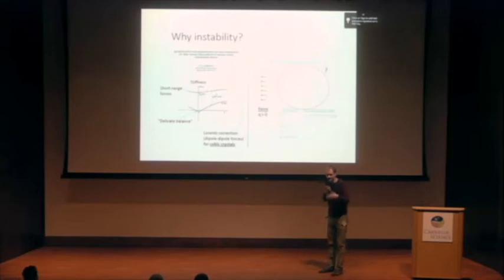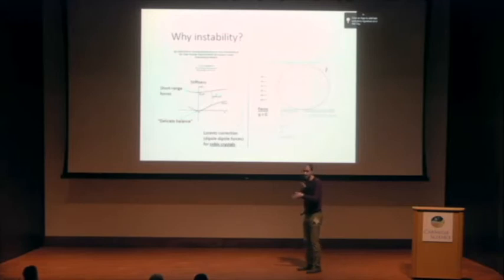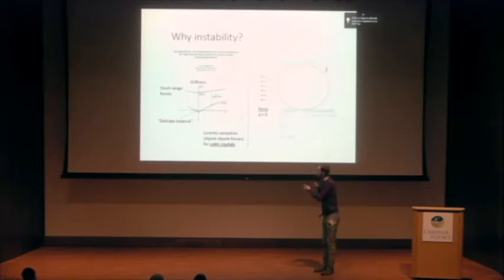And after 60 years, we still think this way, as is evident from the papers that we publish. Anderson says, okay, we add a Lorentz correction to the short-range forces, and this renormalizes the stiffness down, and we have instability at the zone center.